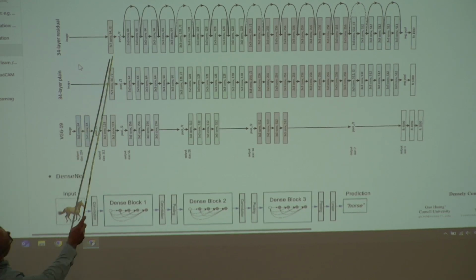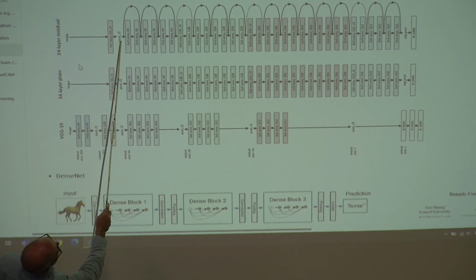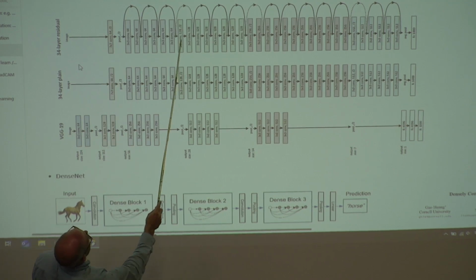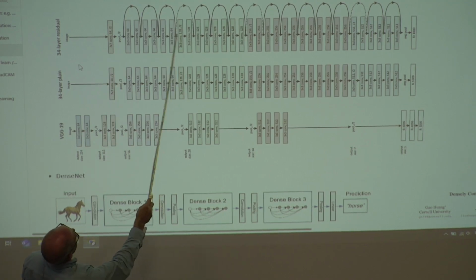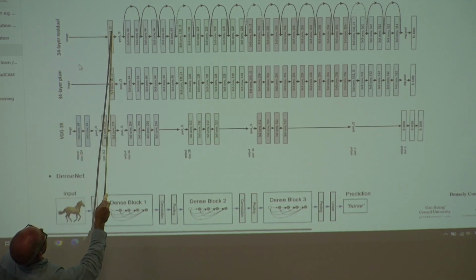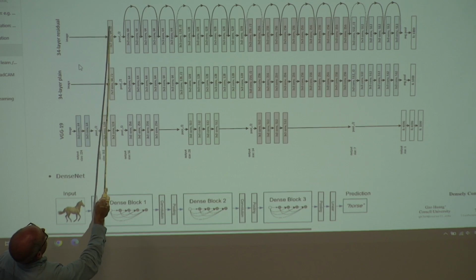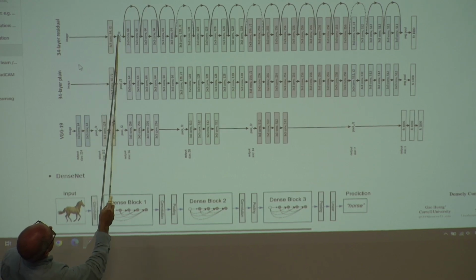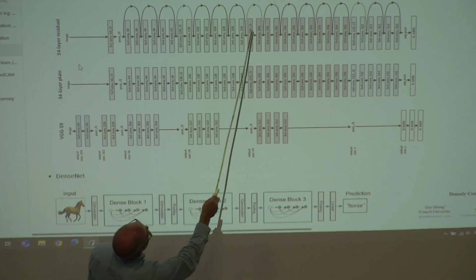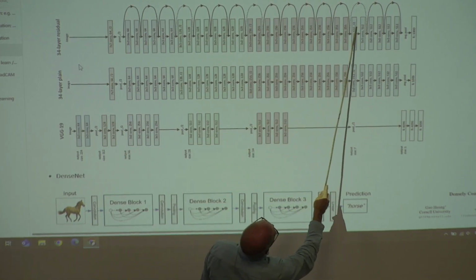Because we have a couple of pooling operations or here transpose convolutions. So that means the original resolution is halved here, and it is halved again, and it is halved here, and there, and there.